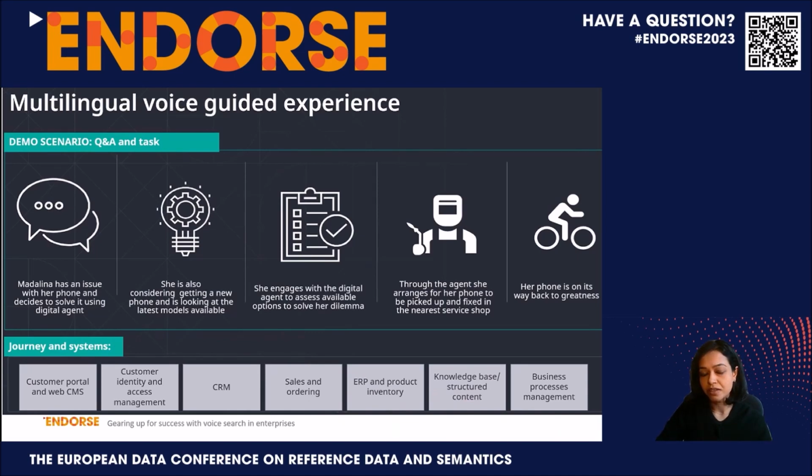So this guided agent tells her what should be the best option for her with the least amount of pain. And for that, it looks up her name, it looks up what kind of service level agreement she has, and then recommends the nearest station where she can either drop off her phone or get it picked up by one of the field specialists.